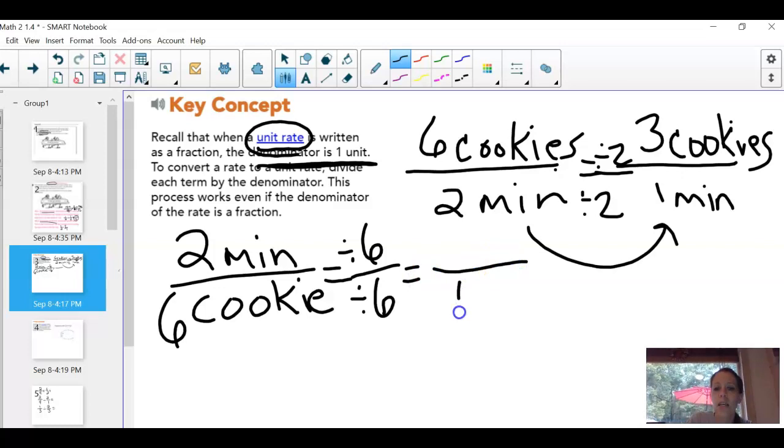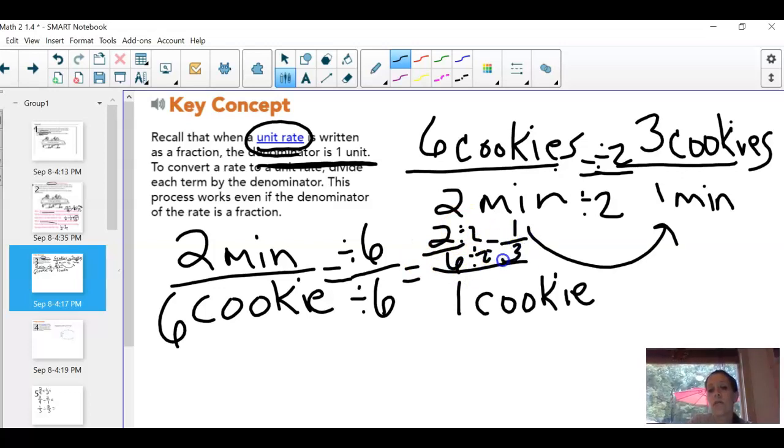So for 1 cookie, 2 divided by 6 is the same as 2 over 6, which is the same as, if I divide those down, 1 over 3 minutes. So it takes me 1/3 of a minute to eat 1 cookie.